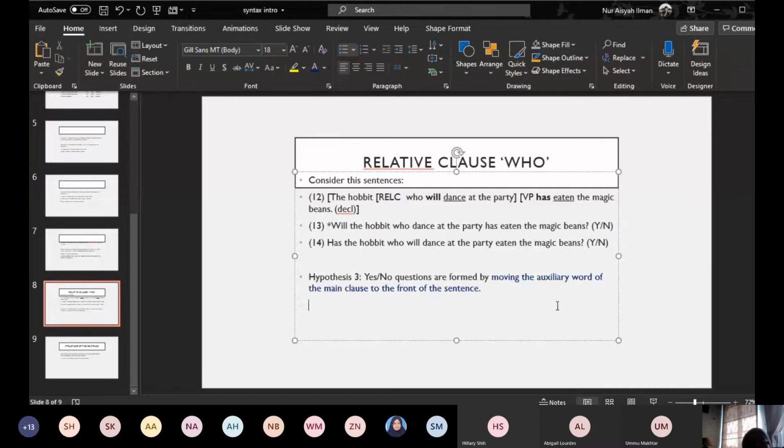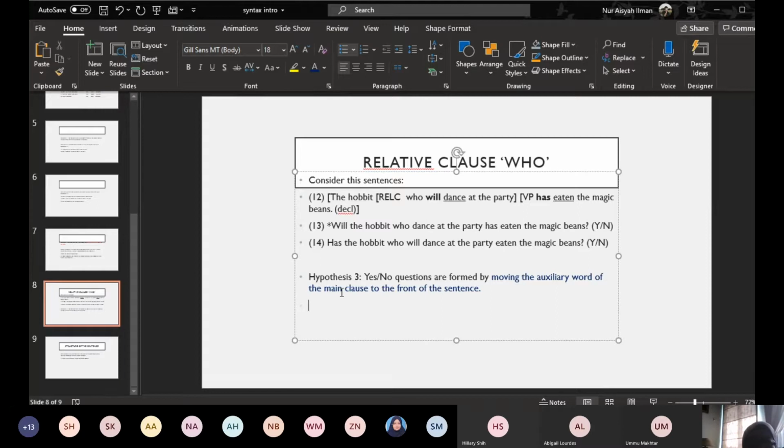Okay, so this is our modified hypothesis. I want you to get a feel of what is syntax. Syntax is looking at the internal structure of the sentence and how the constituents are to one another and how they behave.